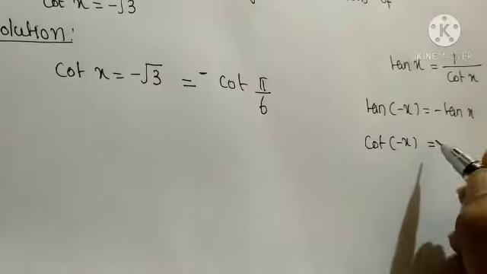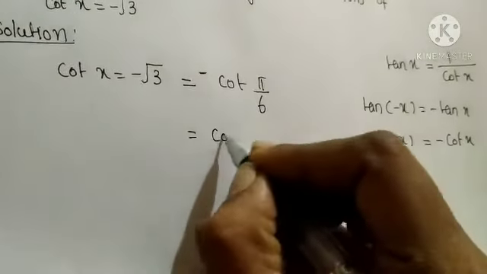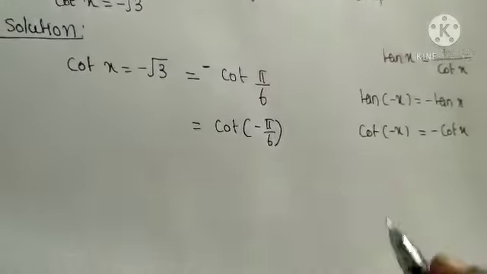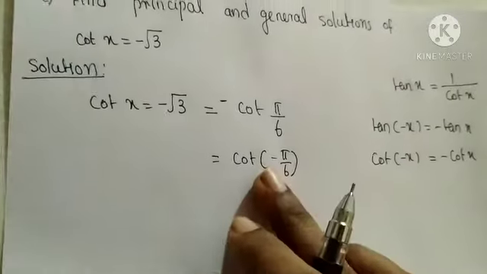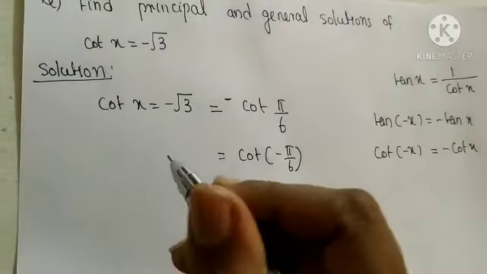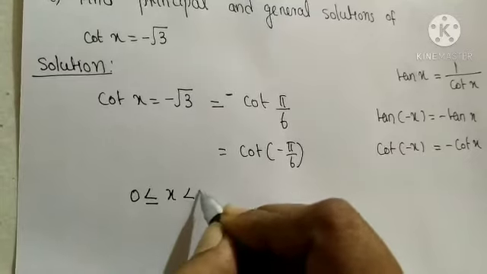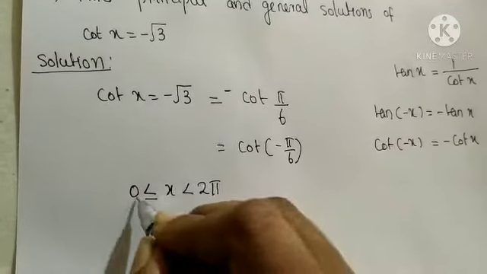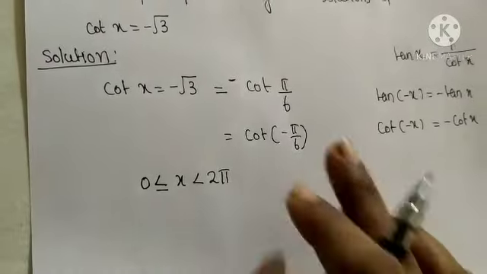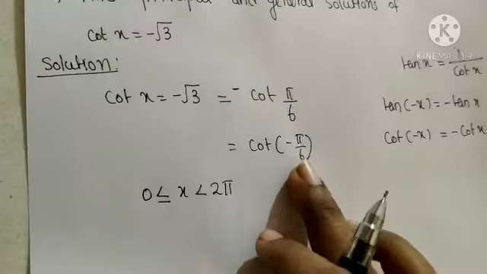So cot minus x is equal to minus cot x. If we write it in cot of minus pi by 6, so here we get minus 30 degree. So principal solution, the angles lies between 0 less than or equal to x less than 2 pi. Angle lies between 0 and 360 degree, right? So here we get minus 30 degree. So this is not possible.